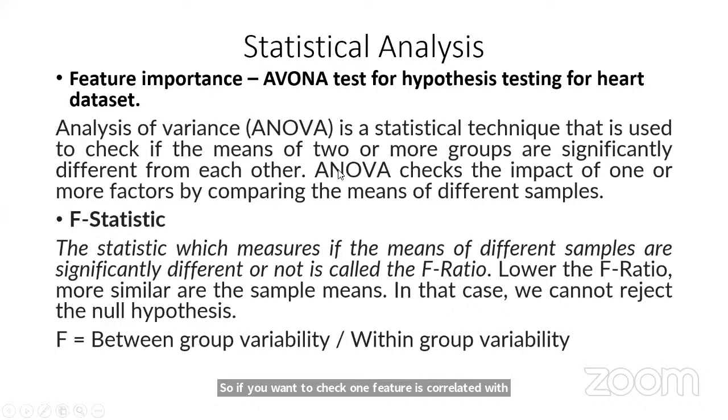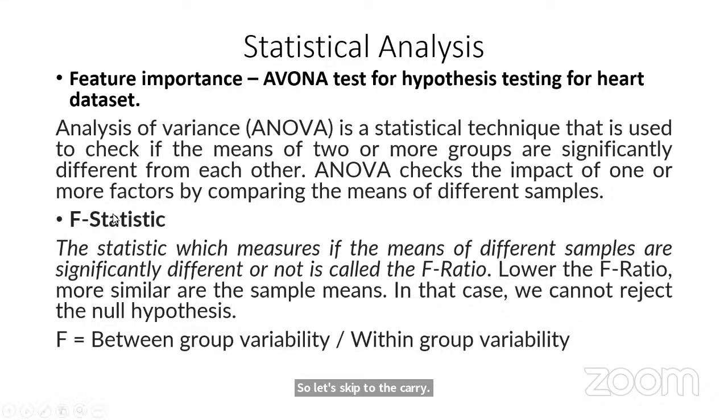From theory alone you will not understand anything, so I will move to the practical session. I have a data set with me and will explain everything in detail. ANOVA checks the impact of one or more factors by comparing the means of different samples. Let's skip the theory and move directly to the example.